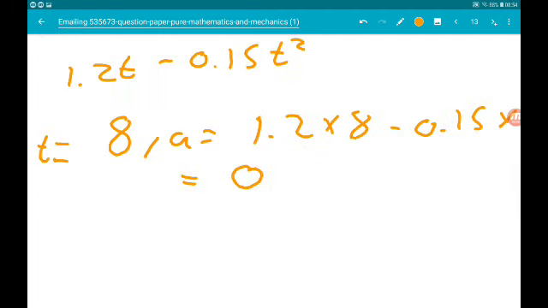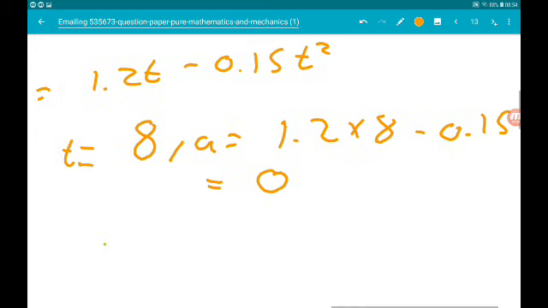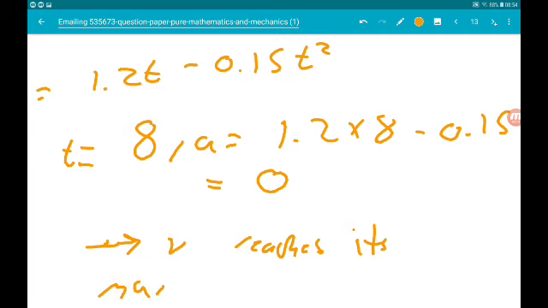Now this means then that velocity reaches its maximum at t equals 8.